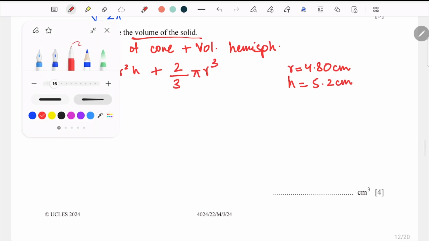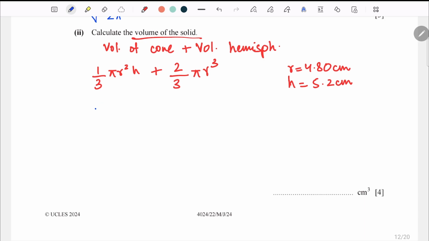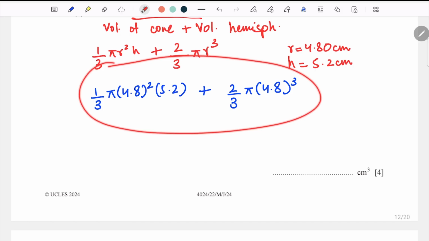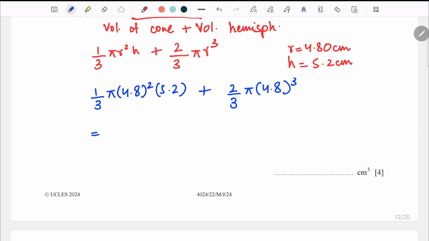So when we put all the values in the formula, we'll be getting 1 over 3 pi 4.8 square, h was 5.2, plus 2 over 3 pi, and r was once again 4.8 cube. When we put this whole thing in the calculator, we'll be getting the answer 357.08, and when I round it off to 1 decimal place, it will be 357.1 centimeter cubed, which is our final answer.